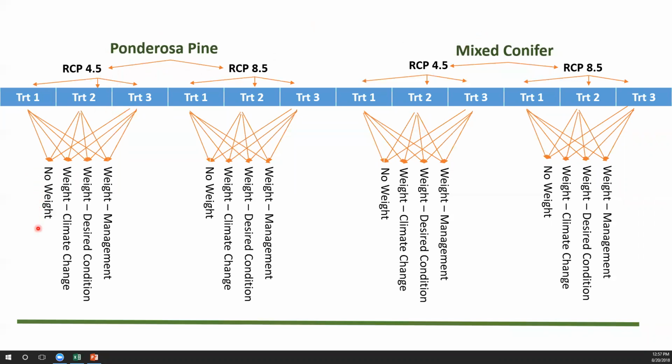And then we also ran each of these under various weighting schemes. I'll talk about the weighting schemes more in a minute, but they correspond to what I described earlier, where climate change may have an impact, where desired conditions may influence what we're interested in, and where management goals may influence what we're interested in. Now, I'm going to talk about ponderosa pine and the RCP 4.5 scenario today.